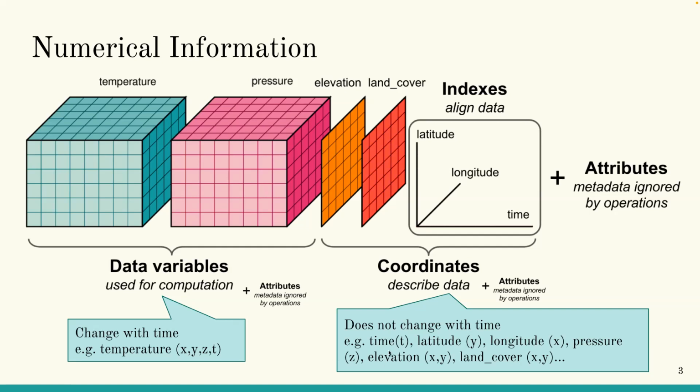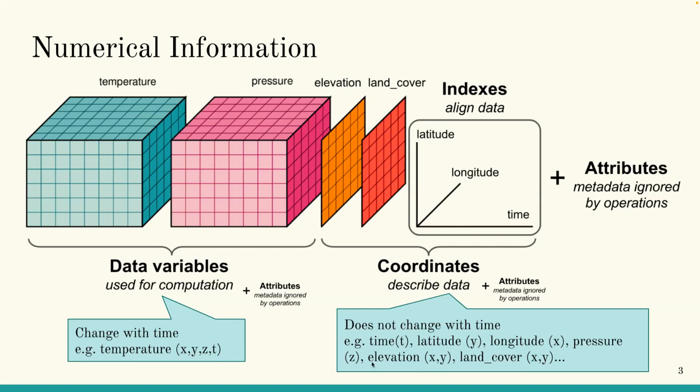And also latitude, longitude, elevation, meaning height. Sorry, this is a typo here. Oh, no, elevation is, sorry, it's not a typo. Elevation is the topography, so it depends on X and Y. And land cover also depends on X and Y because we only have one land surface.